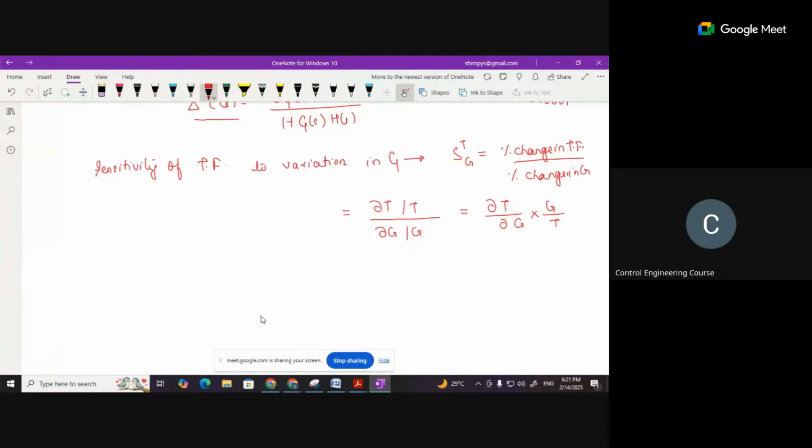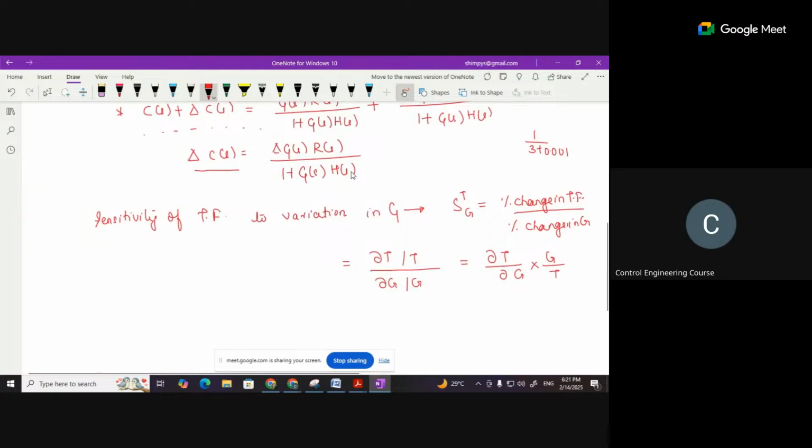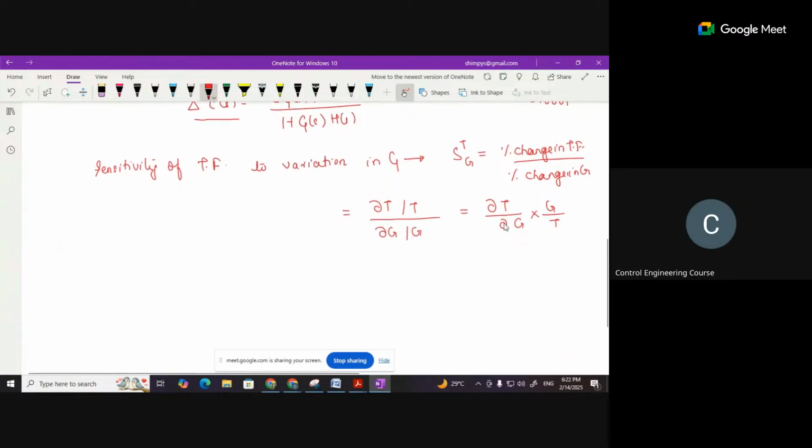Because what is my transfer function? I'm taking only T and G, and it is understood that we are talking of the S domain. Here we are just omitting the variable s for ease. Don't get confused.